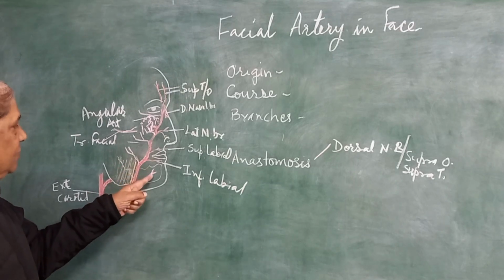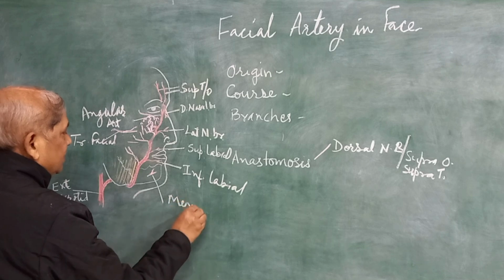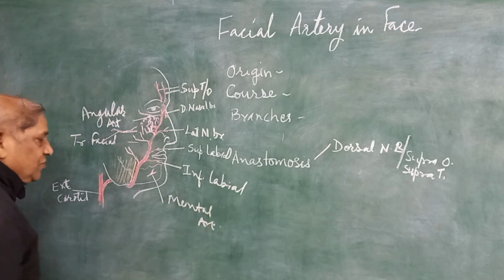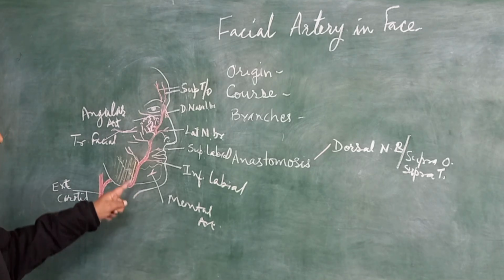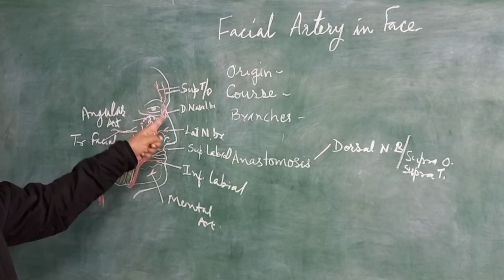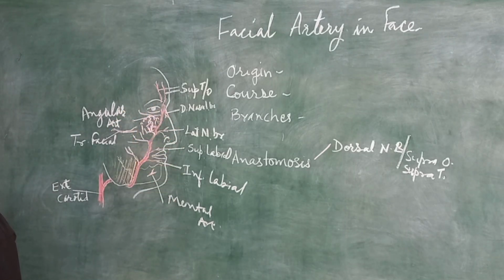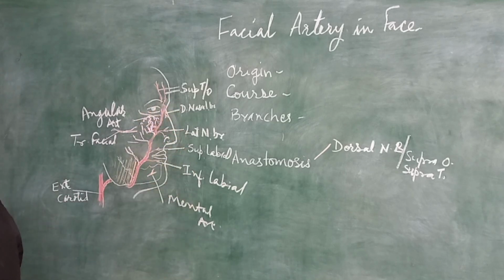Another anastomosis is here with the mental artery, which is a branch from the inferior alveolar branch. So there are so many arteries forming an anastomosis on the face, but most important is the anastomosis between the external and the internal carotid artery.